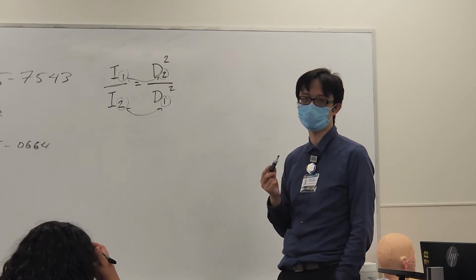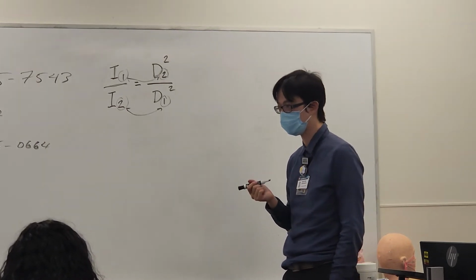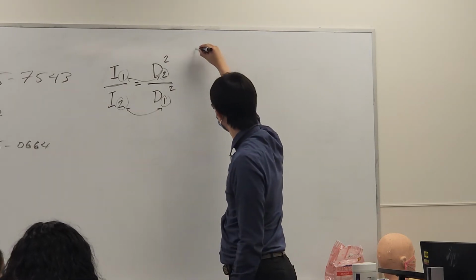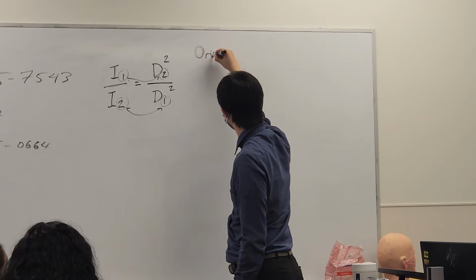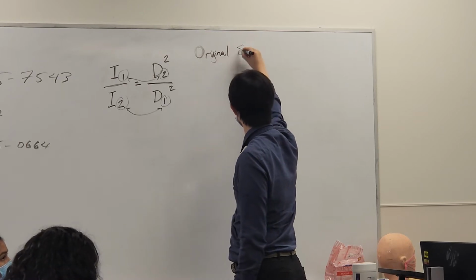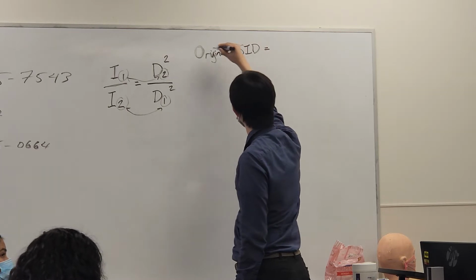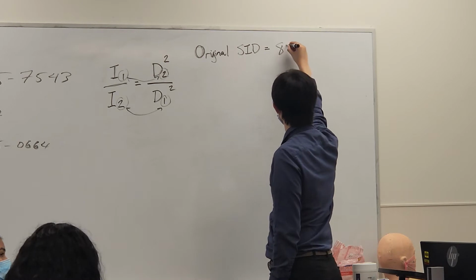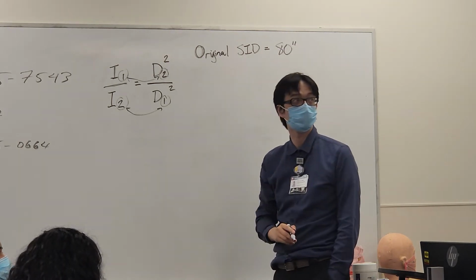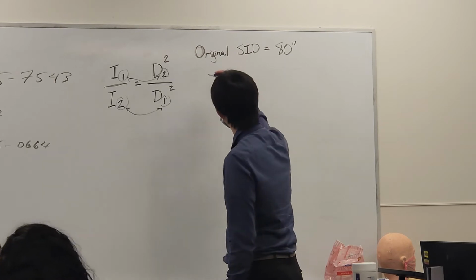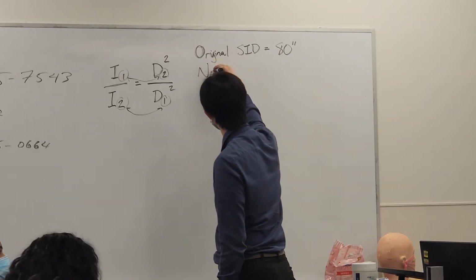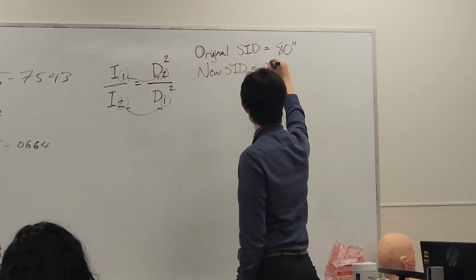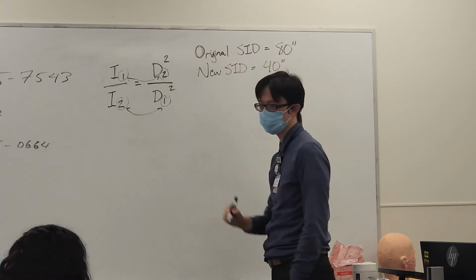So now let's take a look at how we can actually use inverse square law. For example, let's say that our original SID is 80 inches. Let's say our new SID is 40 inches.